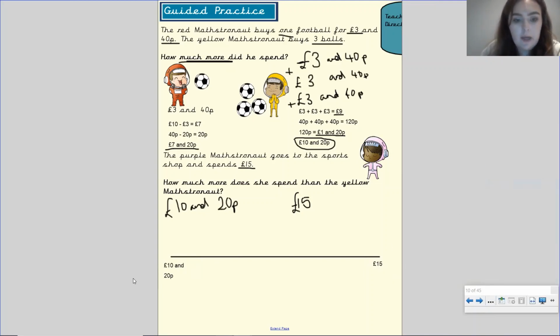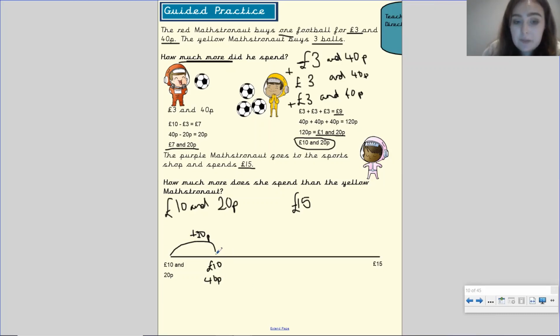So what I'm going to do first is I'm going to add 20 pence. And that would then get me to £10 and 40 pence.